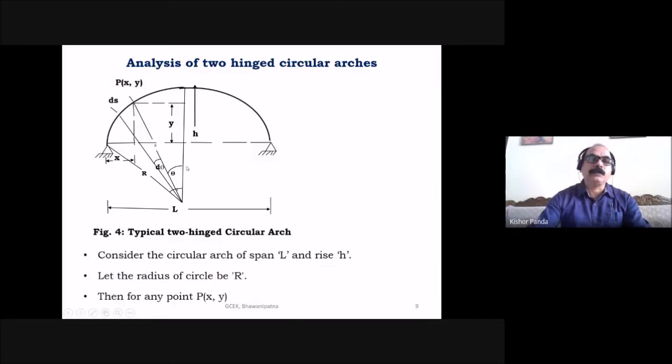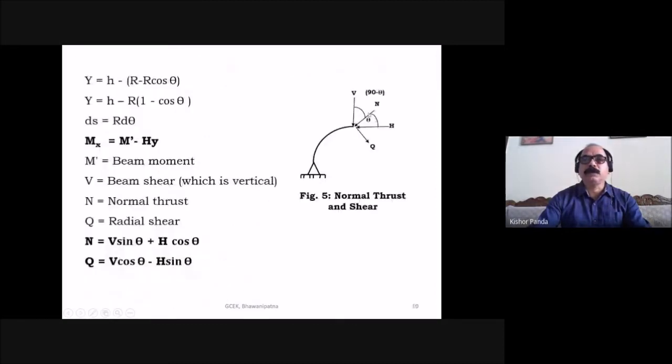Here this is the angle theta. When you take N and the horizontal force, this is also angle theta. If this is angle theta, then this angle is 90 minus theta. The angle between the vertical force and the normal thrust is 90 minus theta, and the angle between the horizontal force and normal thrust is theta.